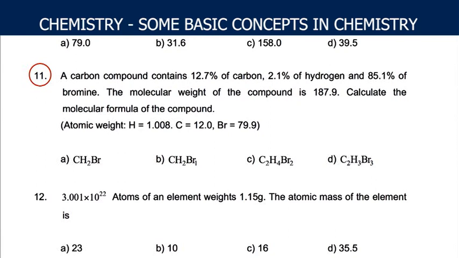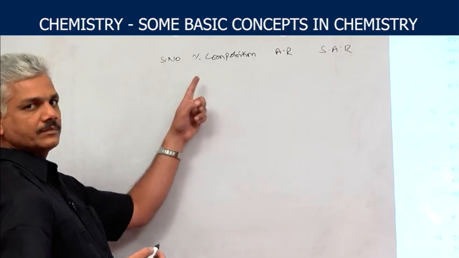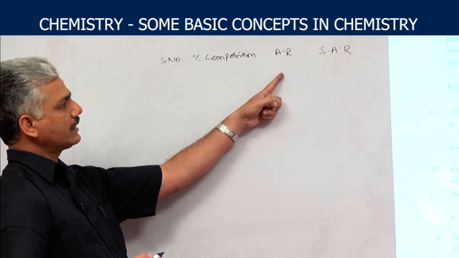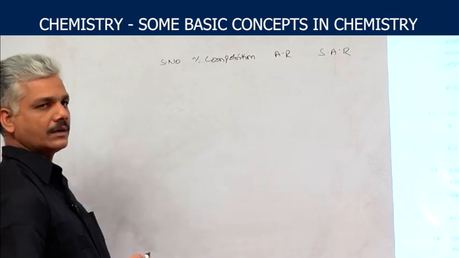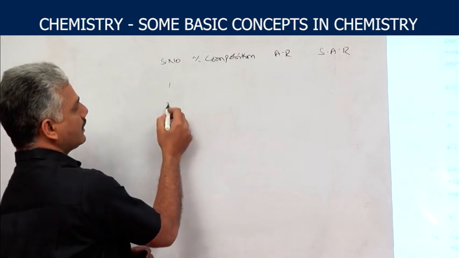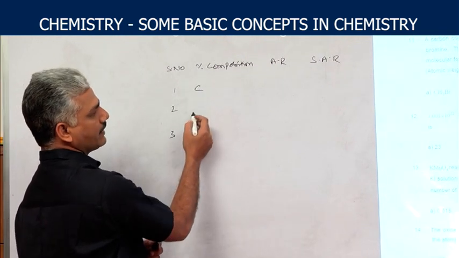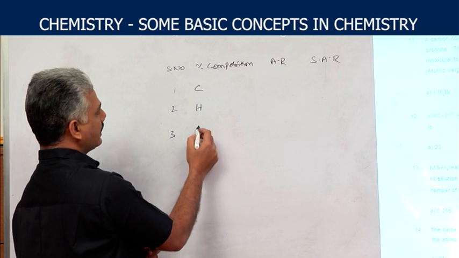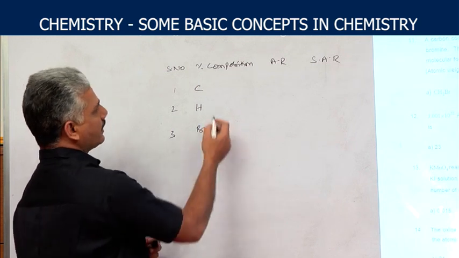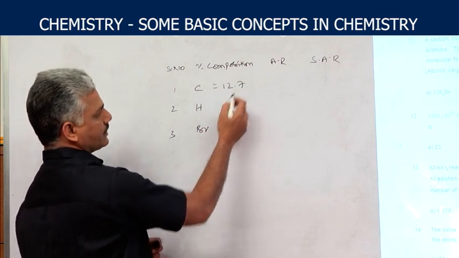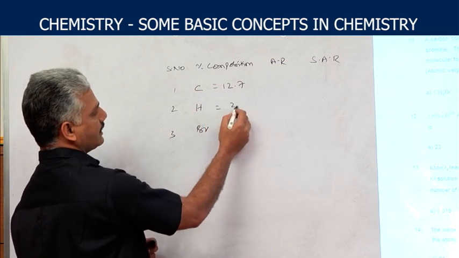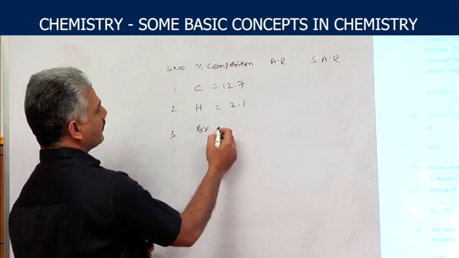To solve this problem, first we have to find out the empirical formula by following the standard format: serial number, percentage composition, atomic ratio and simple atomic ratio. The number of elements specified in the problem are 3: carbon, hydrogen and bromine. Carbon percentage is given as 12.7, hydrogen as 2.1, bromine as 85.1.